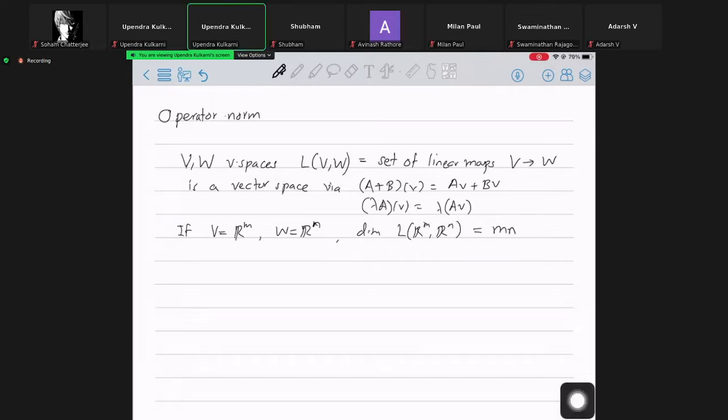And in fact, we can identify it with the space of n by m matrices. And under this identification, the vector space operations, addition and scalar multiplication, are the usual slot-wise addition of matrices and scaling everything in the matrix by the given scalar. So all of this, I hope, is completely in your head now.